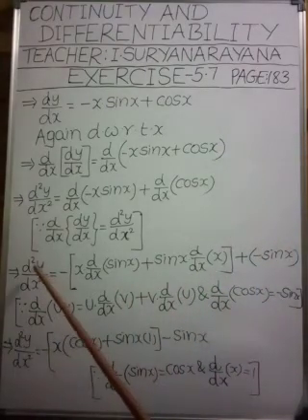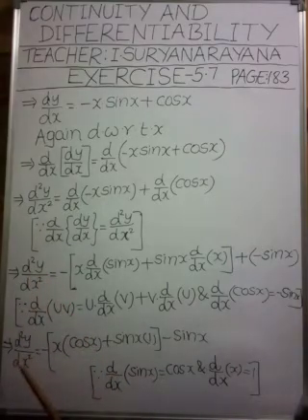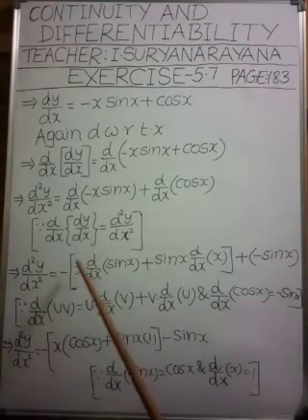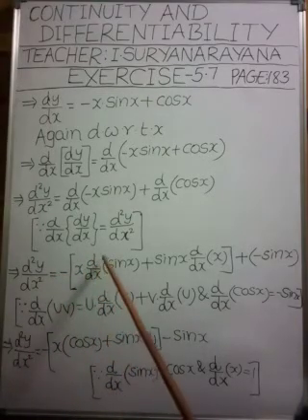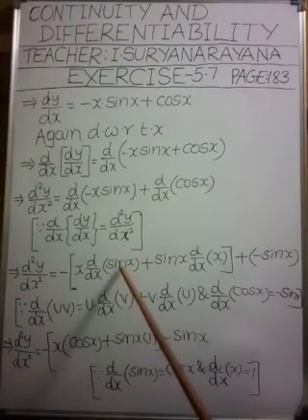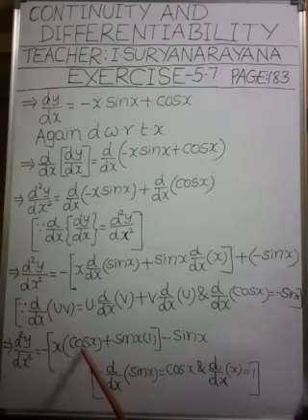This implies we wrote LHS as it is, that is d square y by dx square. We wrote it as equal to minus of x into, again observe this part, it is a derivative of a standard function, d by dx of sin x. What is the value of d by dx of sin x? Right, cos x. Understood this part, my dear children? Right.